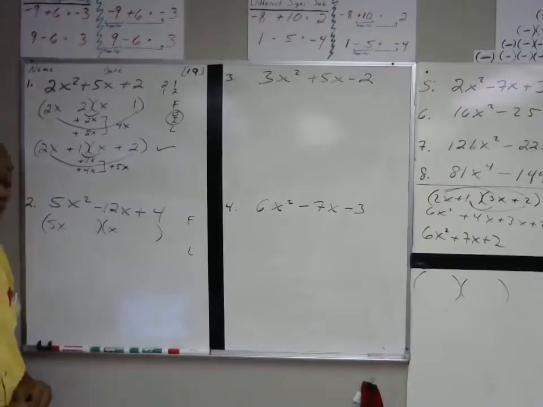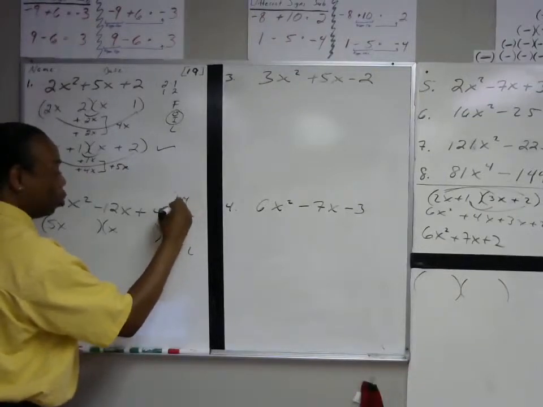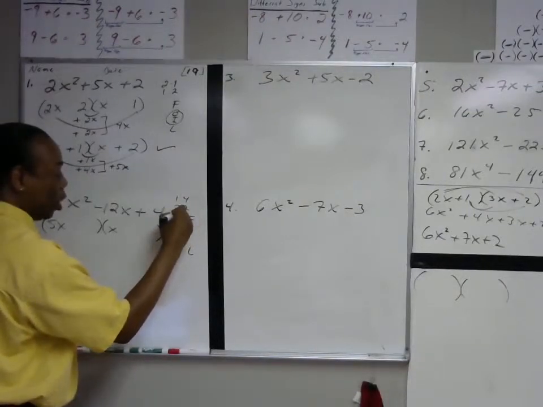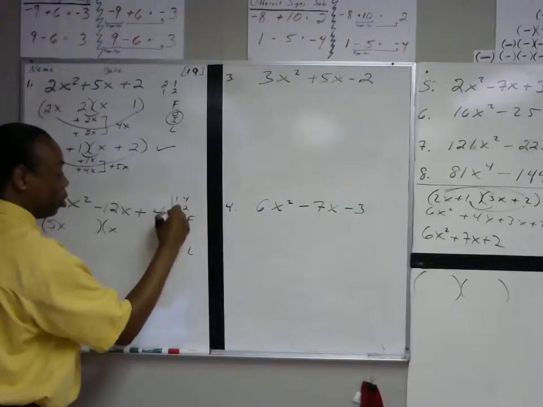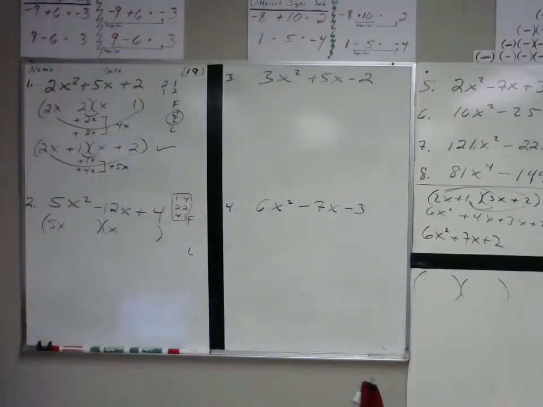Now, the 4 has lots and lots of combinations. You have 1 times 4. You have 2 times 2. And you also have 4 times 1. Those are lots of combinations there. Okay, so let's start off with 1 times 4 and see what happens.